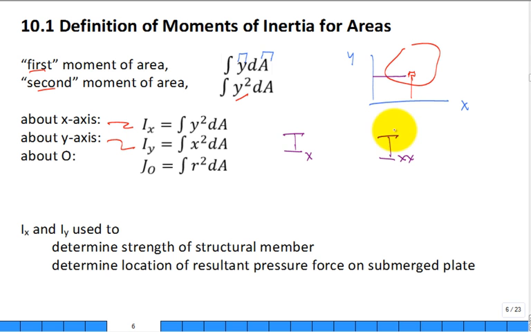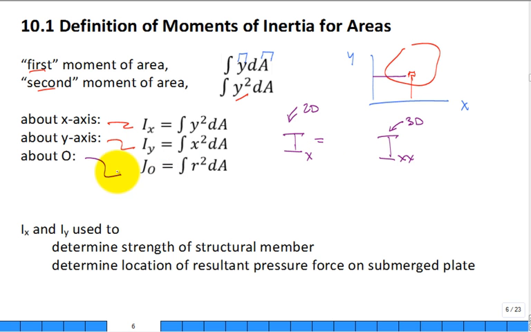But this is just 2D notation. This would be 3D notation, but you'll see that double subscript on the I. Okay, so the moment of inertia, I, with respect to the x-axis, is equal to the second moment area integral, the integral y squared dA.